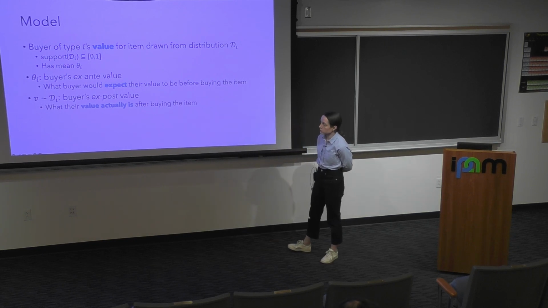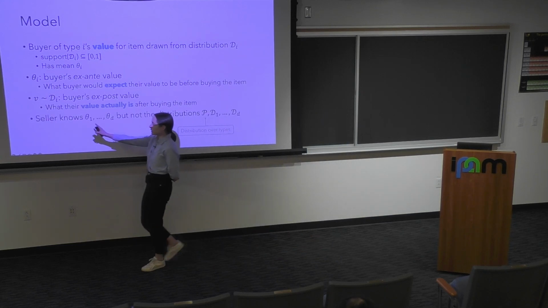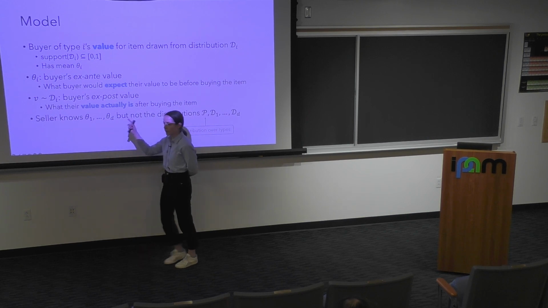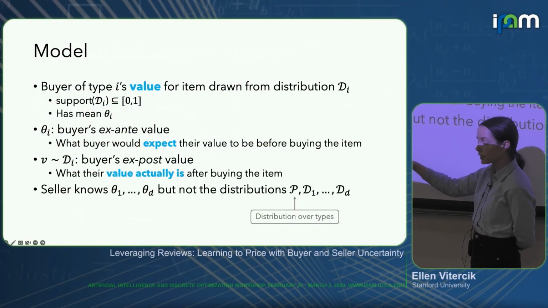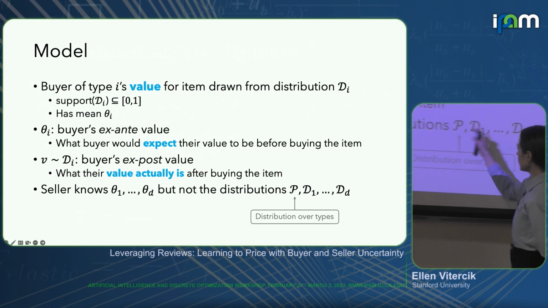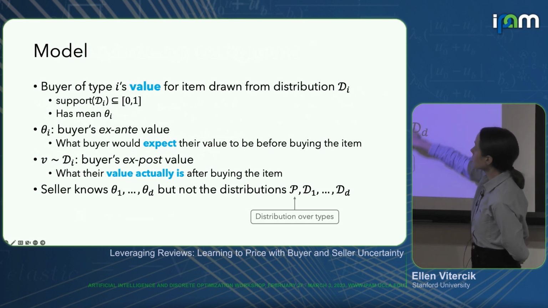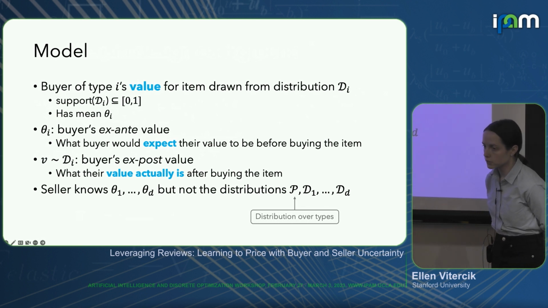My ex post value was lower than my ex ante value. Okay, and what are we going to assume the seller knows? We're going to assume that the seller knows these ex ante values, the expectations theta_I of these distributions, from market research or whatnot, but not any of the distributions themselves, for example, the distribution of our types or any of the buyers' value distributions.